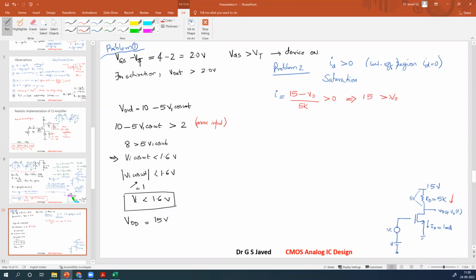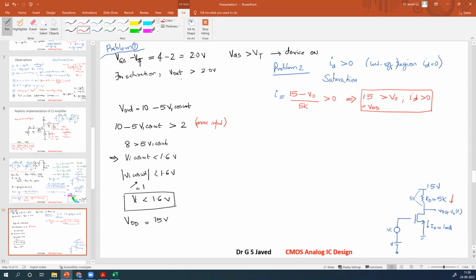So whatever said and done, your V0 has to be less than 15 for ID to be greater than 0. This is simple, right? That means you know the upper threshold. You found out the upper threshold, and it is given as VDD. That means your maximum upper limit is going to be VDD.